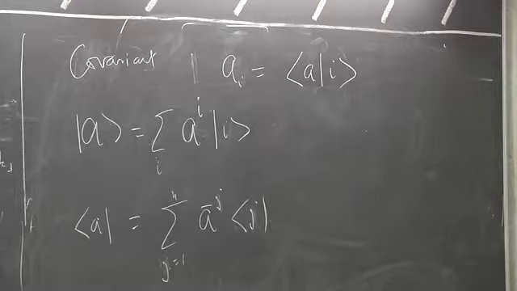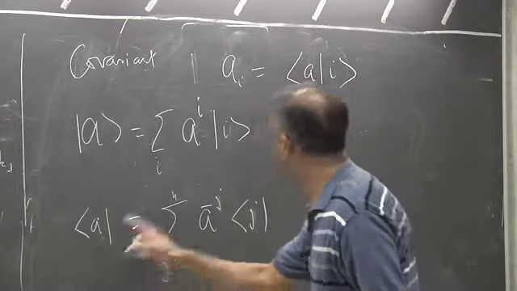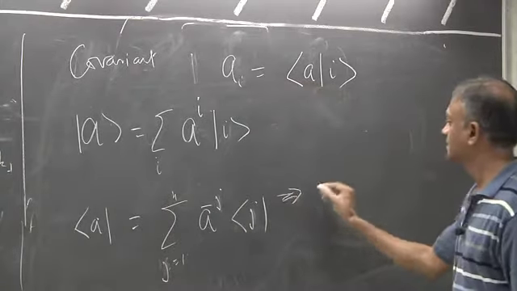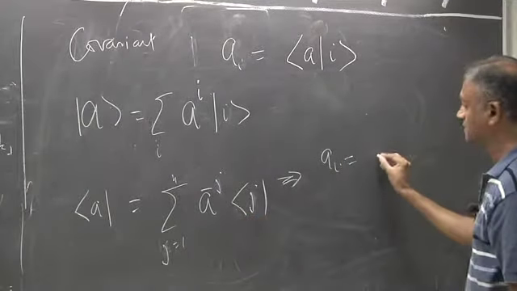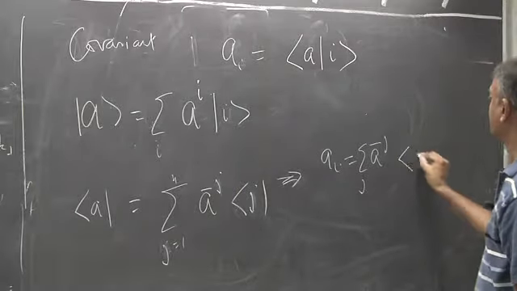Summation over j. So let's compute now what is A_i using this form of the dual. This implies that A_i is equal to the sum over j of A bar j times the inner product of e_j and e_i.